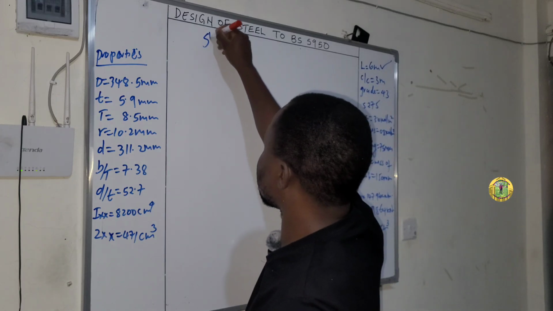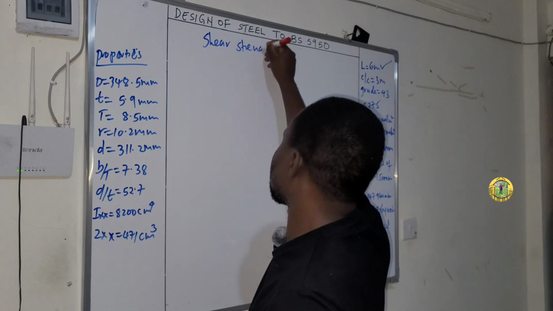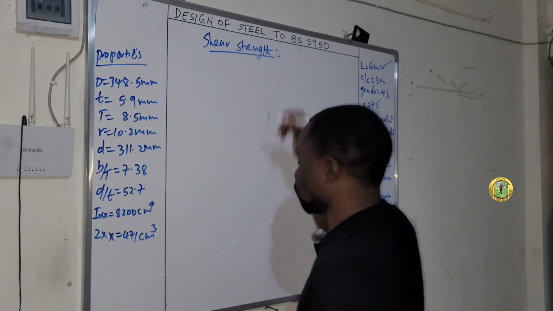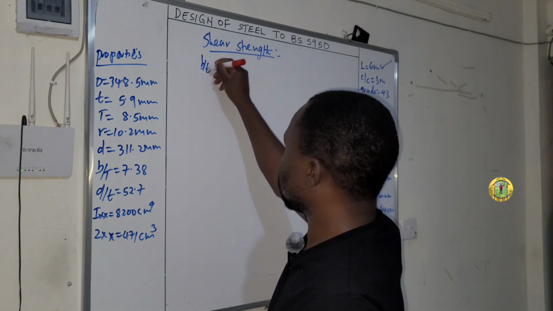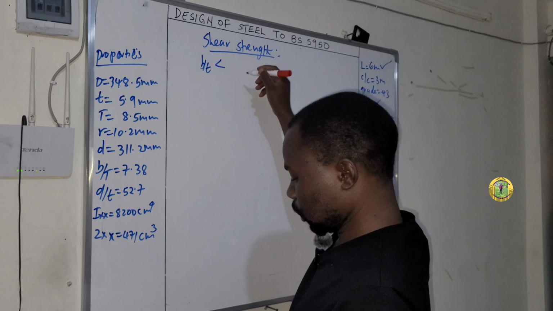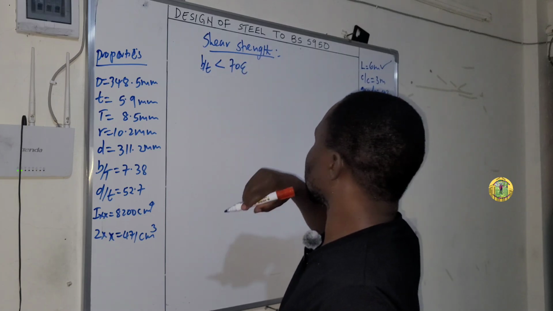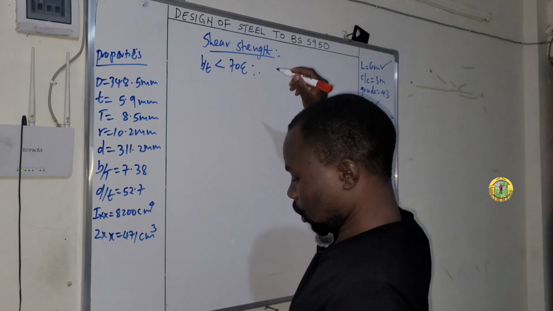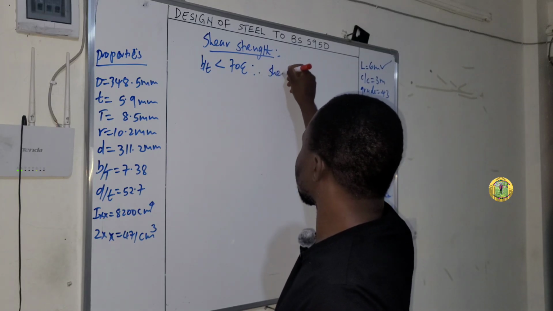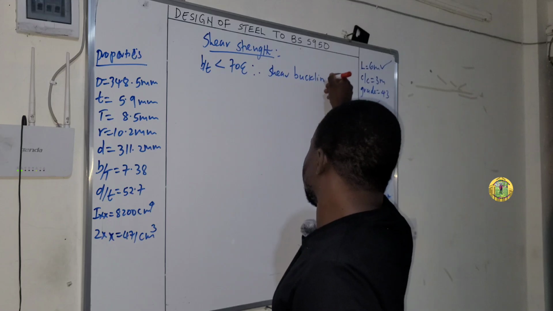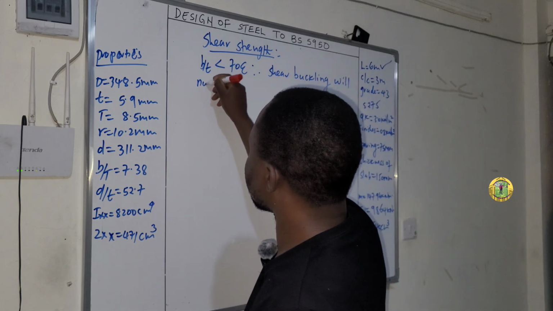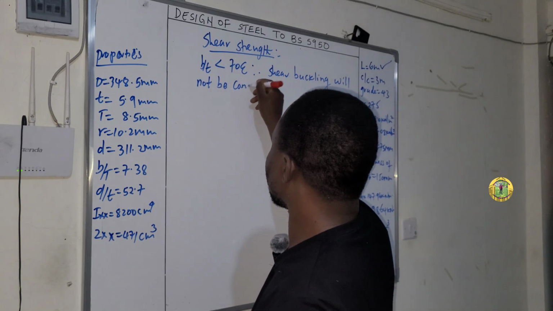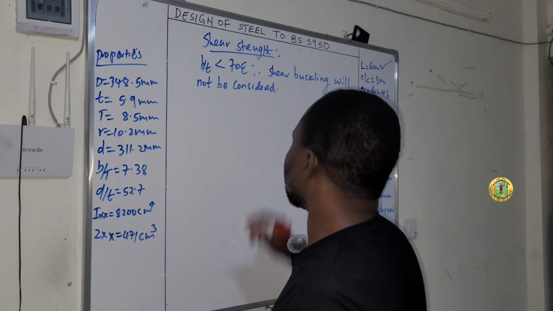So shear strength. If d over t is less than 70ε, therefore shear buckling will not be considered, like that.